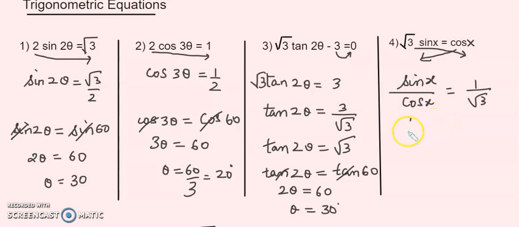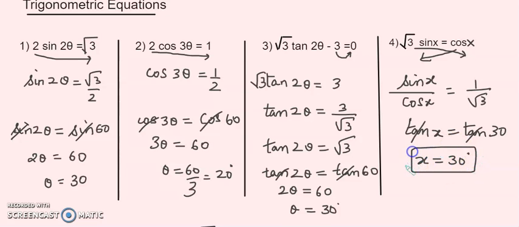So sin x upon cos x turns out to be tan x, and which angle of tan is 1 upon root 3? Yes, it's tan 30. So tan and tan go off, so x equals 30 degrees, right?